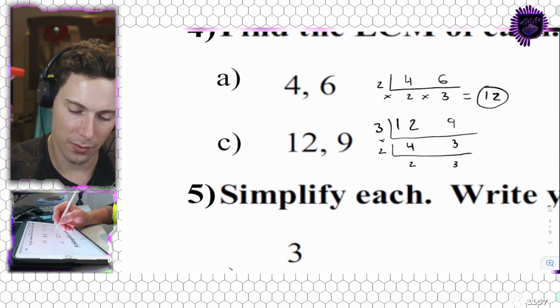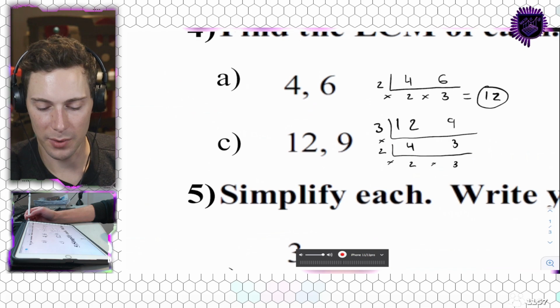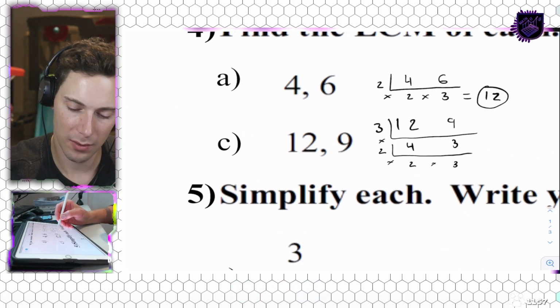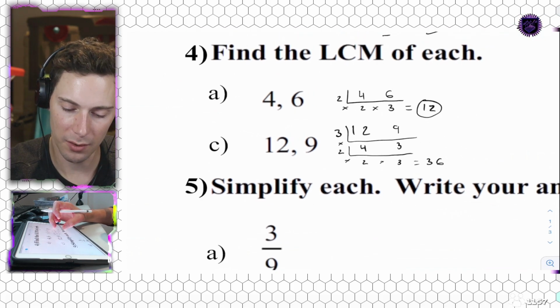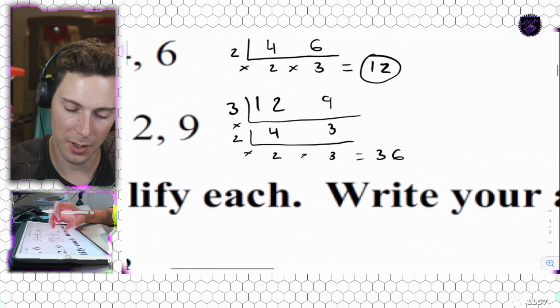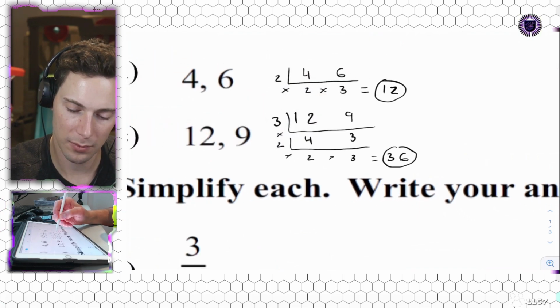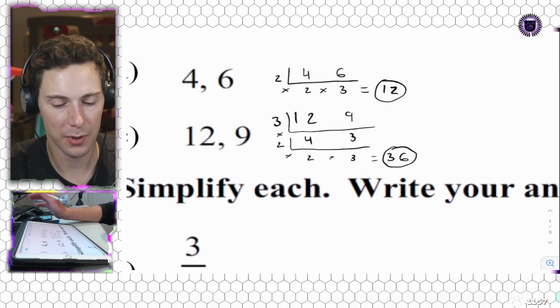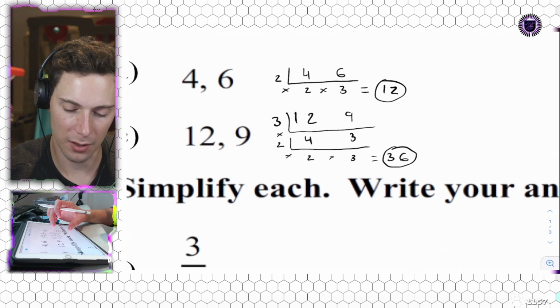So let's do 3 times 2 times 2 times 3. 3 times 2 is 6, times 2 is 12, times 3 is 36, which we would have got there with 3 times 4 times 3. It's always good to use primes, but in this example, it got us to the same point.